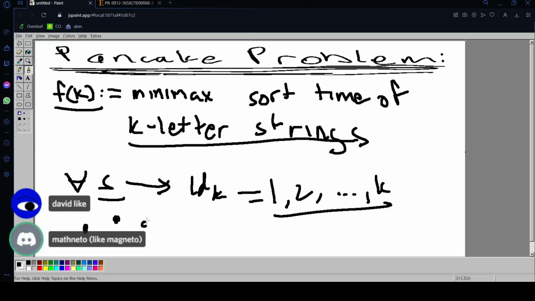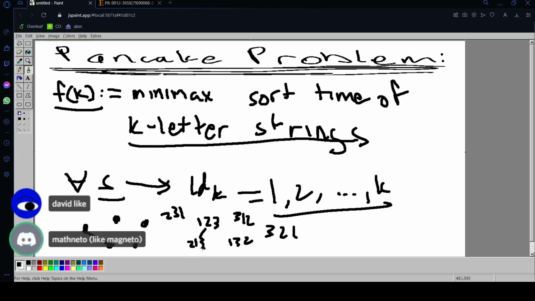So we have all the k-letter strings as vertices, and say we have 1, 2, 3, 2, 1, 3, 1, 3, 2, 3, 1, 2, 2, 3, 1, and 3, 2, 1. We add an edge if we can use a prefix reversal to get from one to the other.